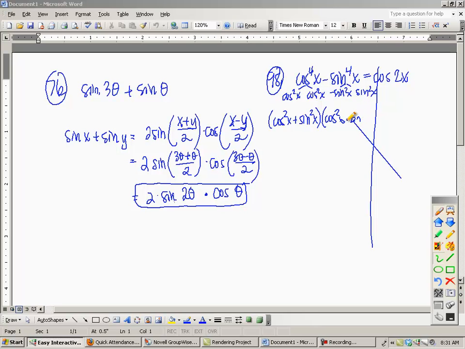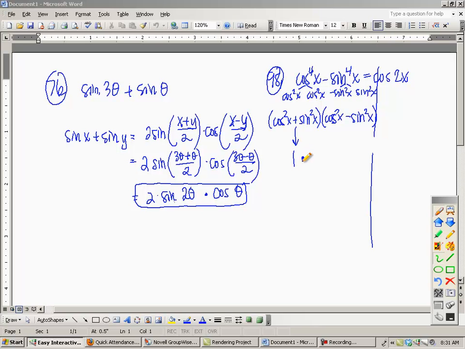Oh, this is not working. I apologize, my pen is acting up on me. Cosine squared minus sine squared. All right, well, let's take a look. Cosine squared plus sine squared is the Pythagorean identity that says it's equal to 1.